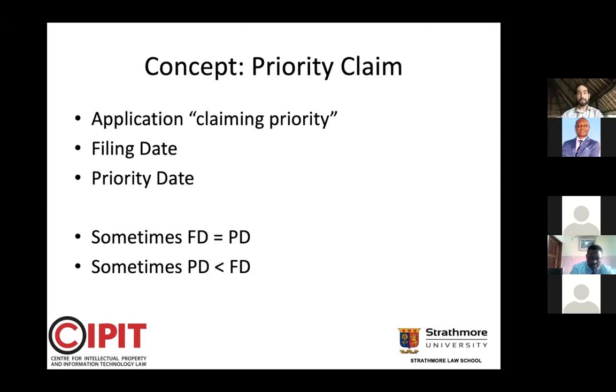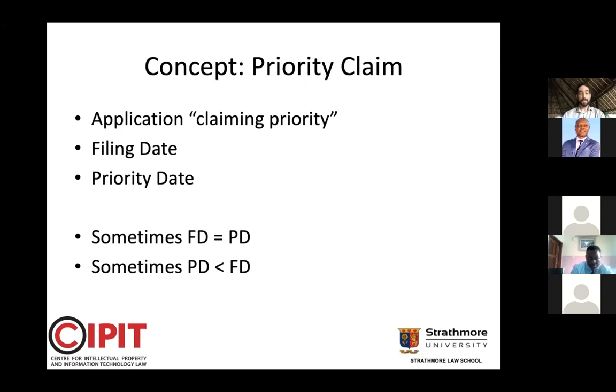But the filing date may then differ from the priority date. The filing date will always be the date that you go to the patent office and give the application to the patent office. But you might be able to claim an earlier priority date than the filing date.